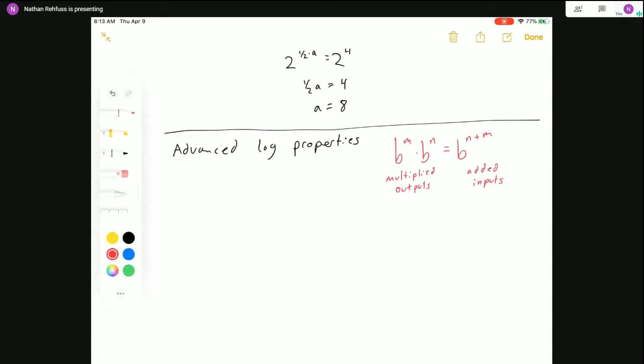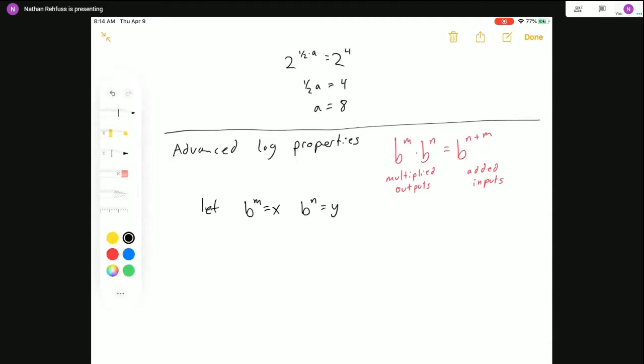What I'm going to need are some dummy variables. So let's say that we have this correspondence between these 5 letters. Suppose that b to the m is equal to x, and suppose that b to the n is equal to y.